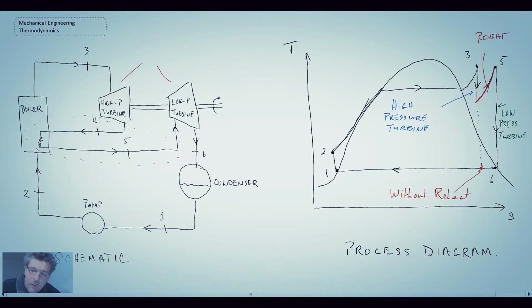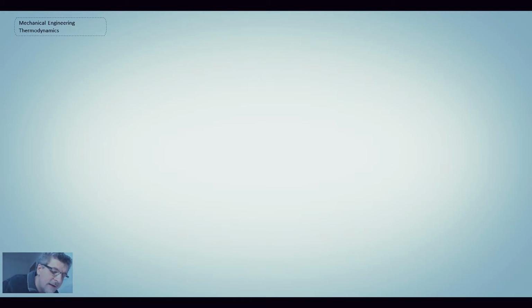We would have had a lot of water droplets in our fluid coming out of the turbine, and that would be impacting on the blades and causing a reduction in efficiency. By going through the reheat, we're able to expand out closer towards the saturated vapor line, and consequently reduce the amount of moisture in the expansion steam. So with this strategy, we actually do get an efficiency improvement.